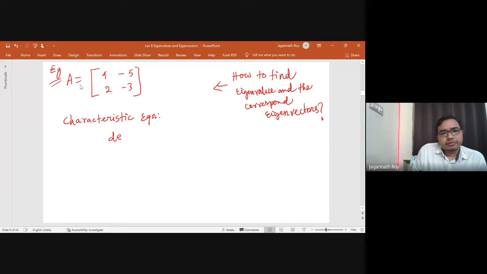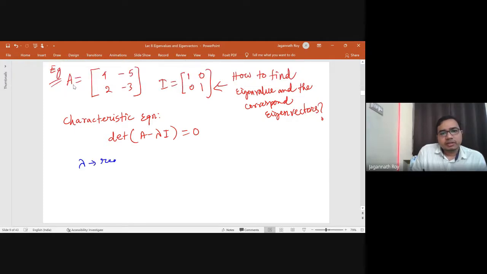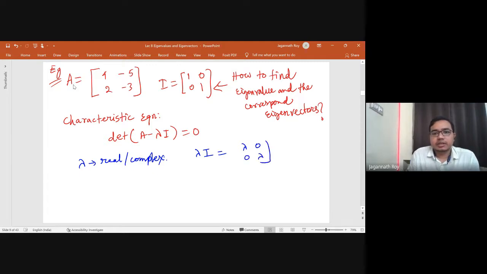So determinant of A minus lambda I equals 0. Here let us take I of the same order, so this is 1, 0, 0, 1. Now lambda is a real or complex number; we will find out which. So lambda I becomes lambda, 0, 0, lambda. Now what is A minus lambda I?